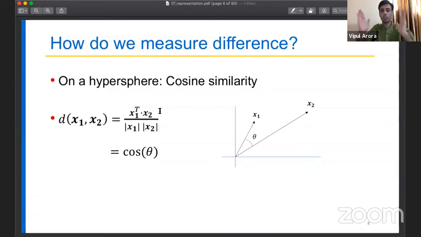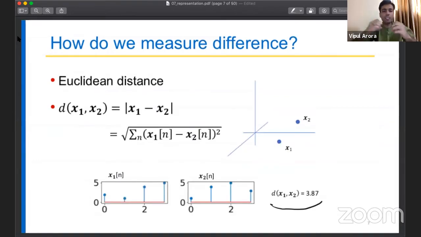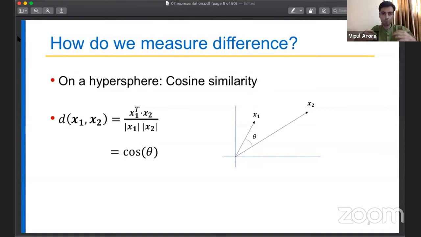So compare cosine similarity with Euclidean distance. In Euclidean distance, the more the distance, the farther are the points. But in cosine similarity, the more the cosine similarity, the closer are the points. Because cos 0 degrees is 1, and cos 180 degrees, when they are exactly opposite, is -1.